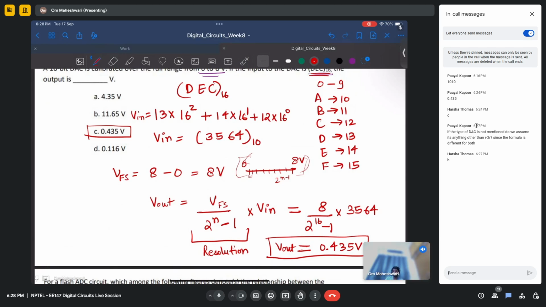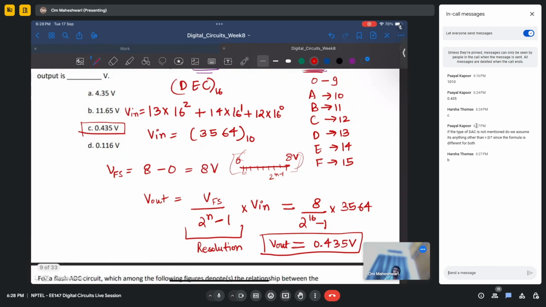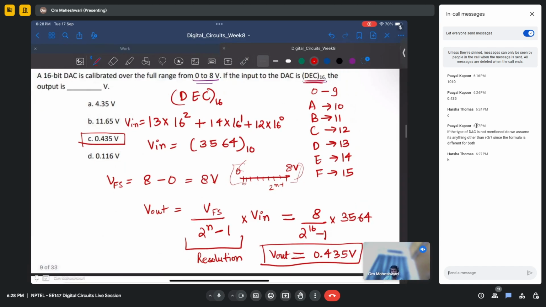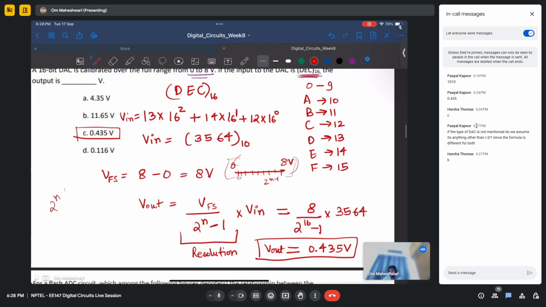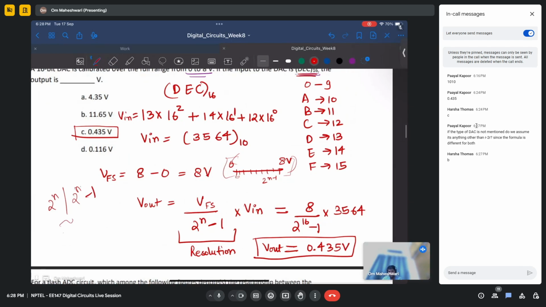You will get almost the same answers. In most of the questions, this will be true. But prefer to take 2 to the power n minus 1 when it is not mentioned.